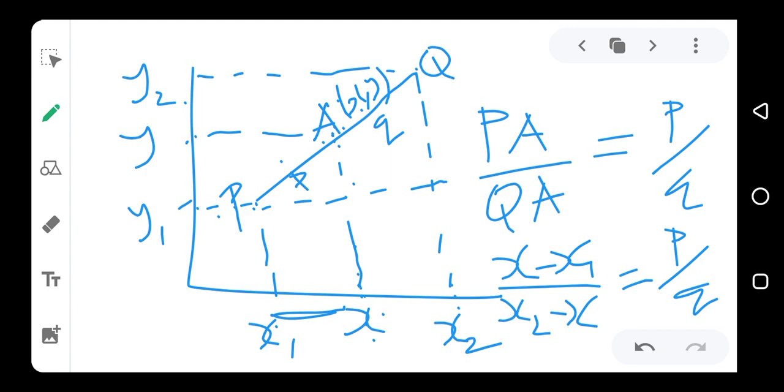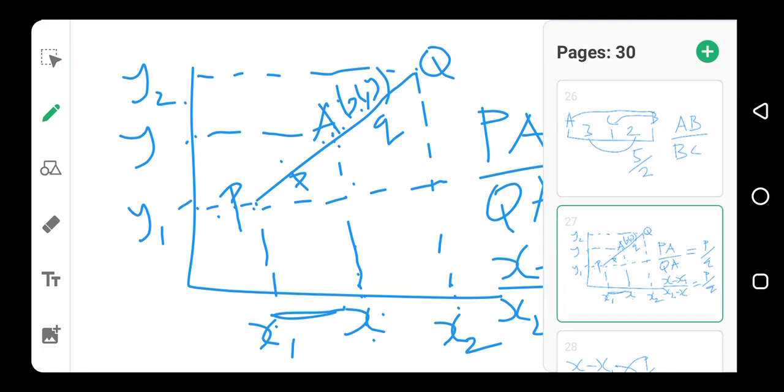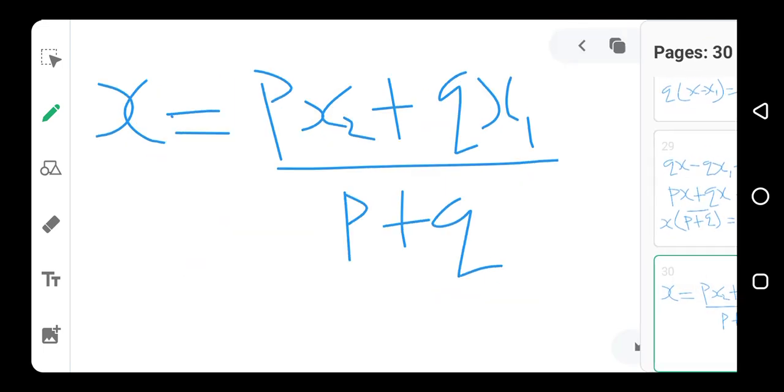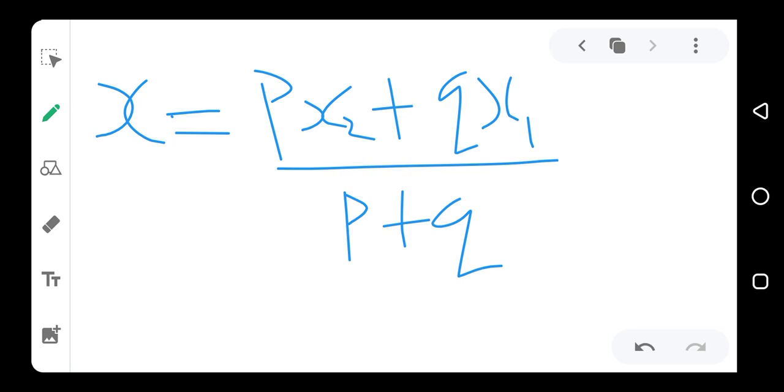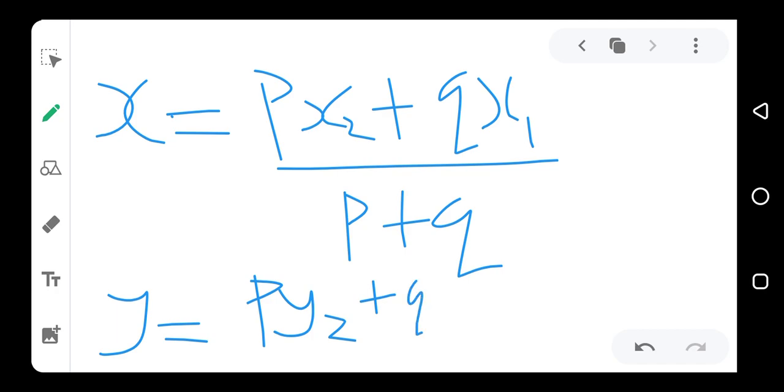In the same way we calculated for x, we can also say that y is equal to py2 plus qy1 over p plus q.